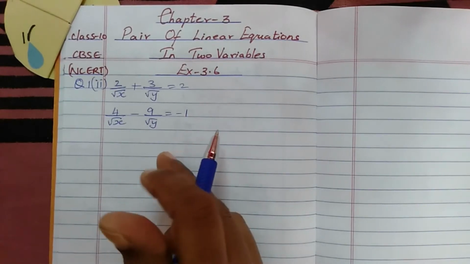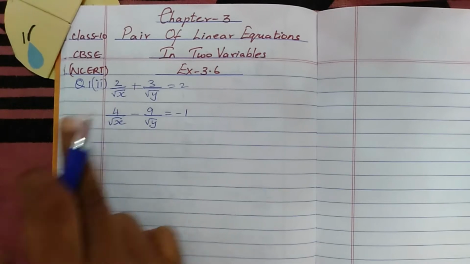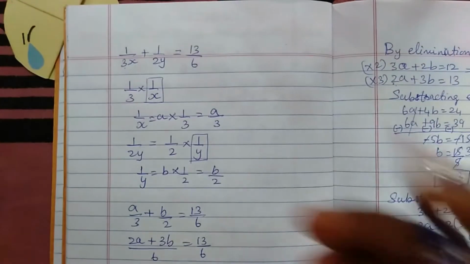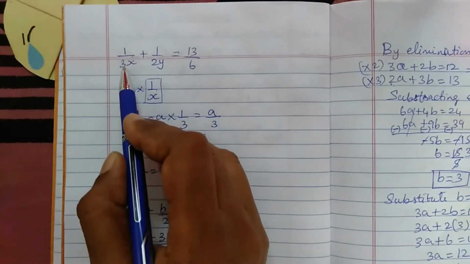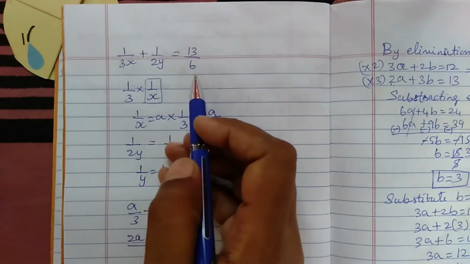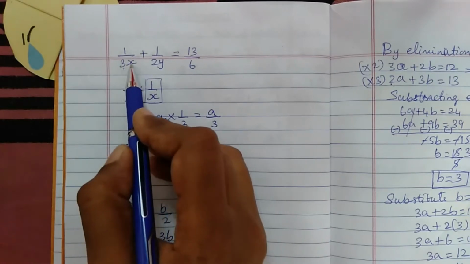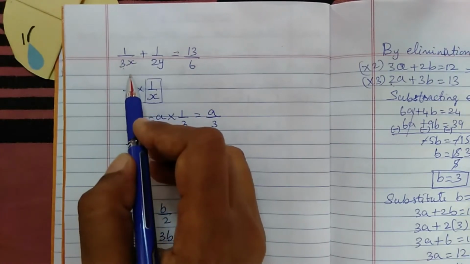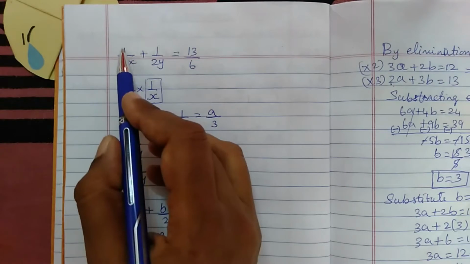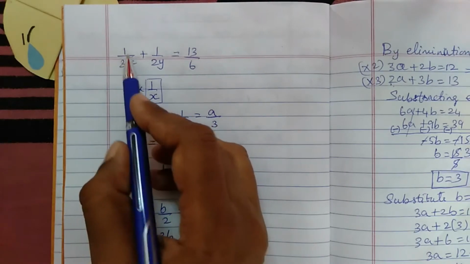Now this is exactly like the previous sum, part 1, where we had equations like 1 by 3x plus 1 by 2y is equal to 13 by 6. Here, if you take this term, you have two denominators: 3 and x. 3 into x is 3x, but you have only one numerator. So what does this mean?